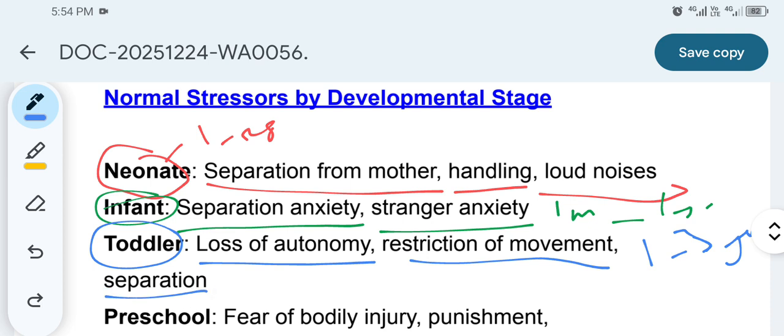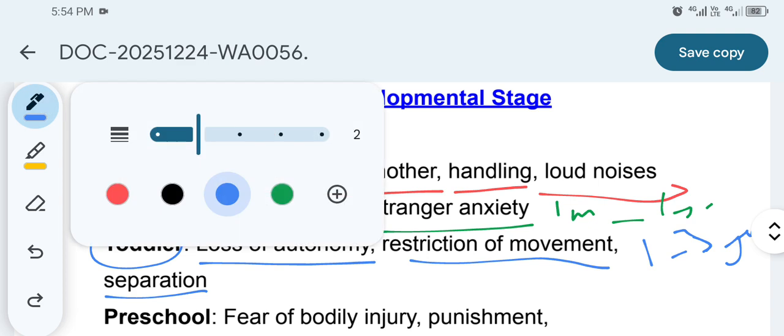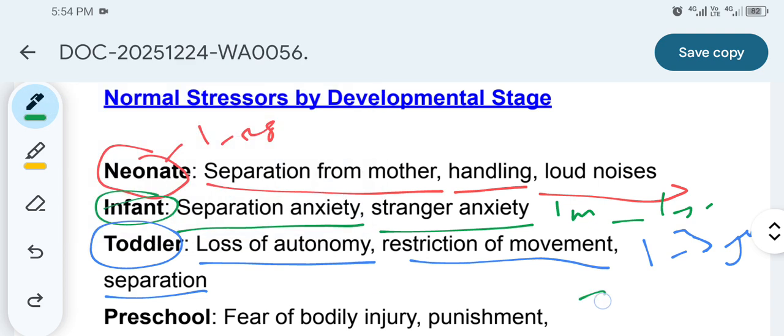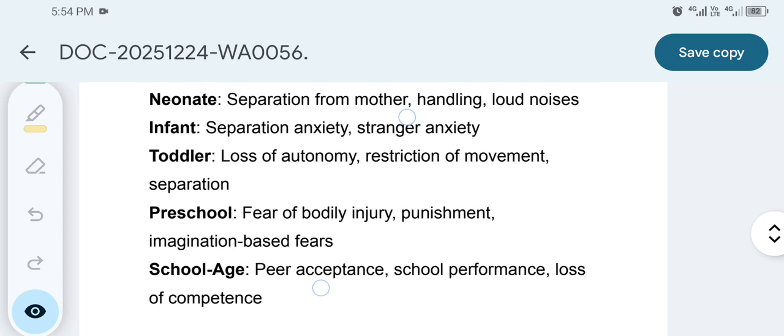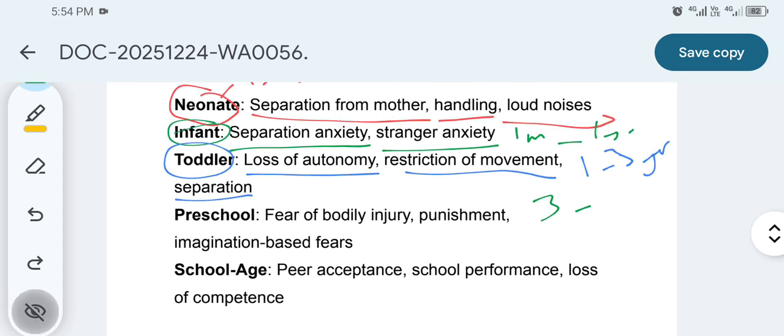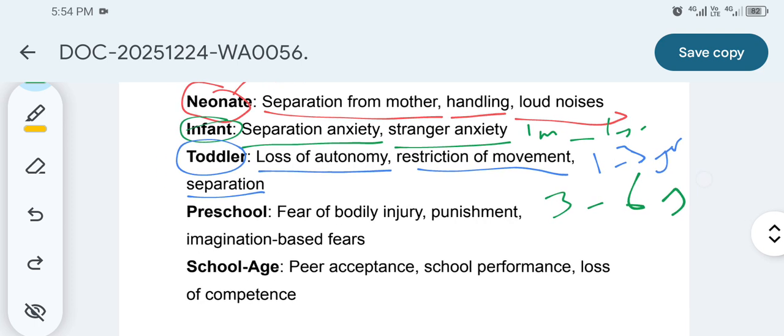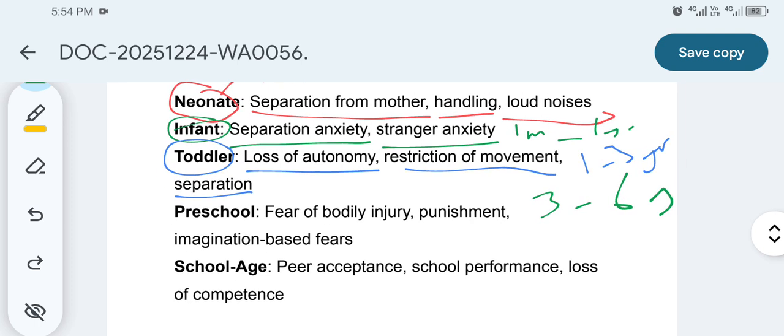And then the preschoolers, they are in the ranges of 3 years to 6 years. They have fear of bodily injury.